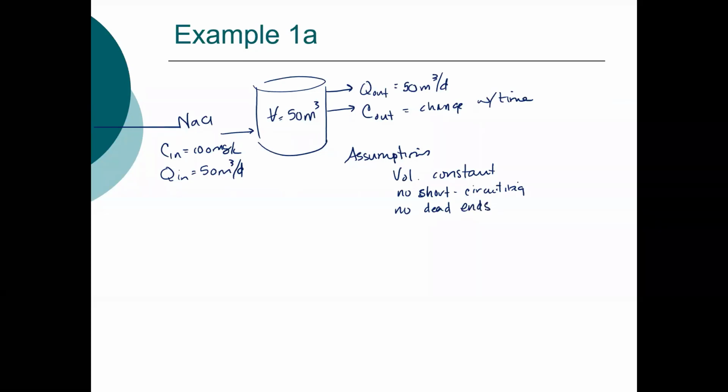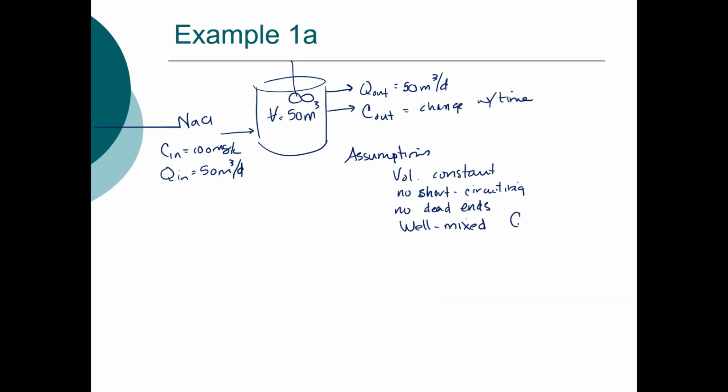We've got a perfect reactor. We'll assume it is well mixed. So we can say C reactor is equal to C out.